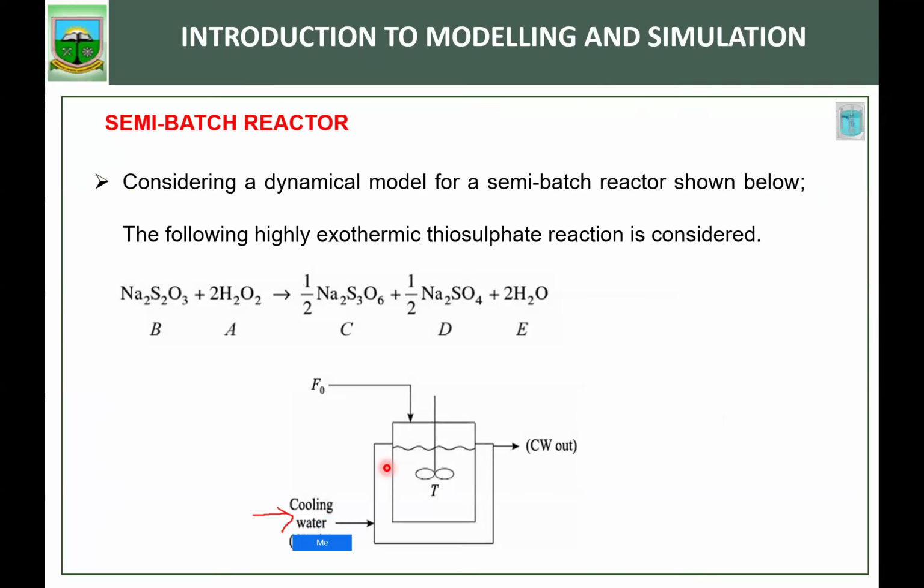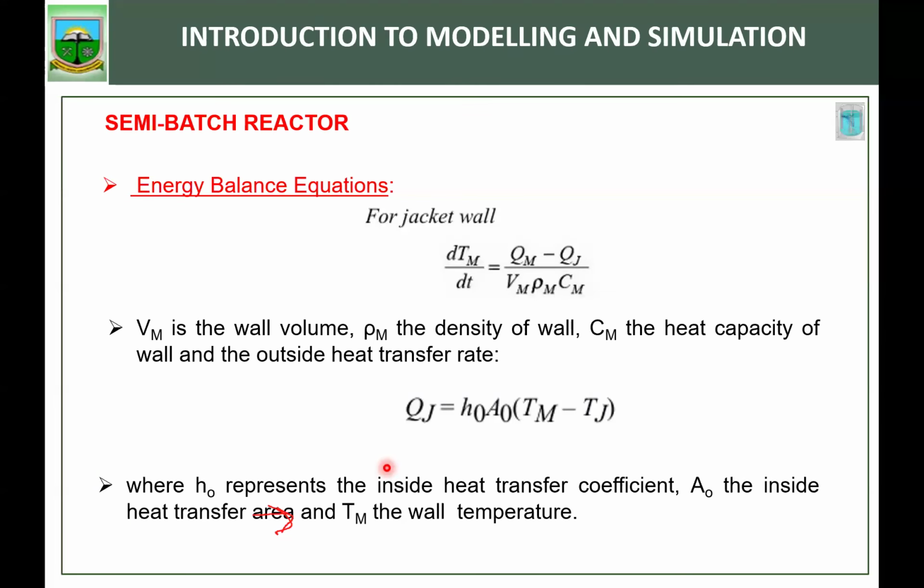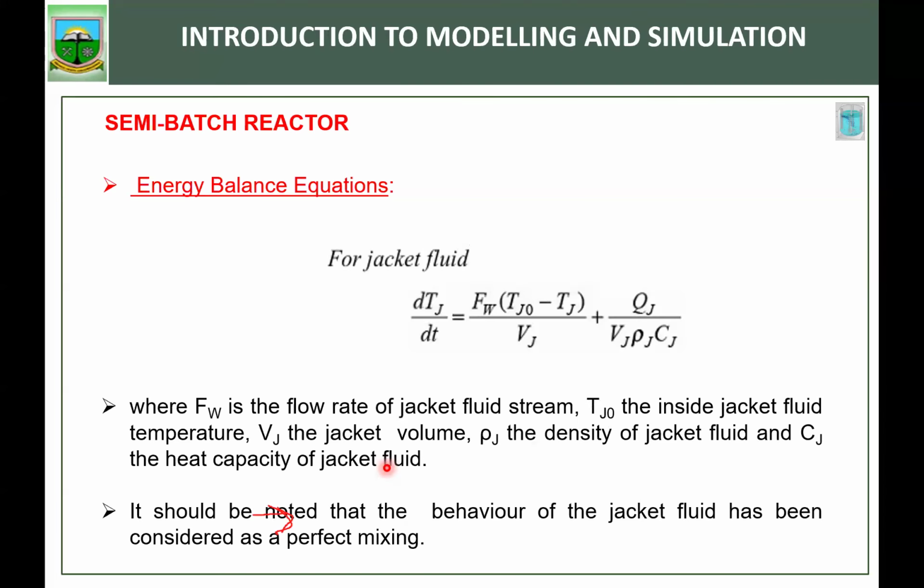So there's an input heat, and then there's a heat applied. This is the wall. This one here will give you the heat in the jacket, just like the previous one we did.